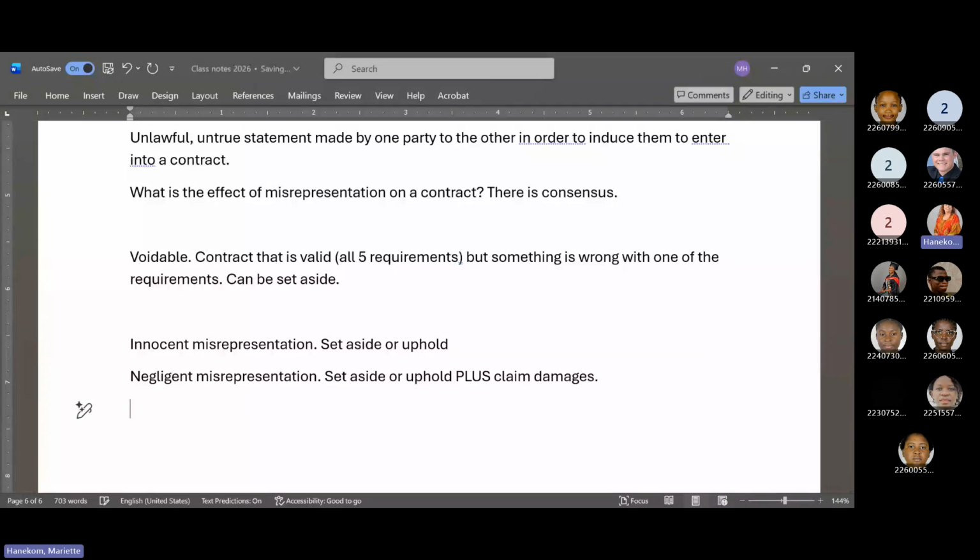And then, of course, we get fraudulent misrepresentation. That is where I literally know I am telling a lie. And the remedies for fraudulent misrepresentation are the same.